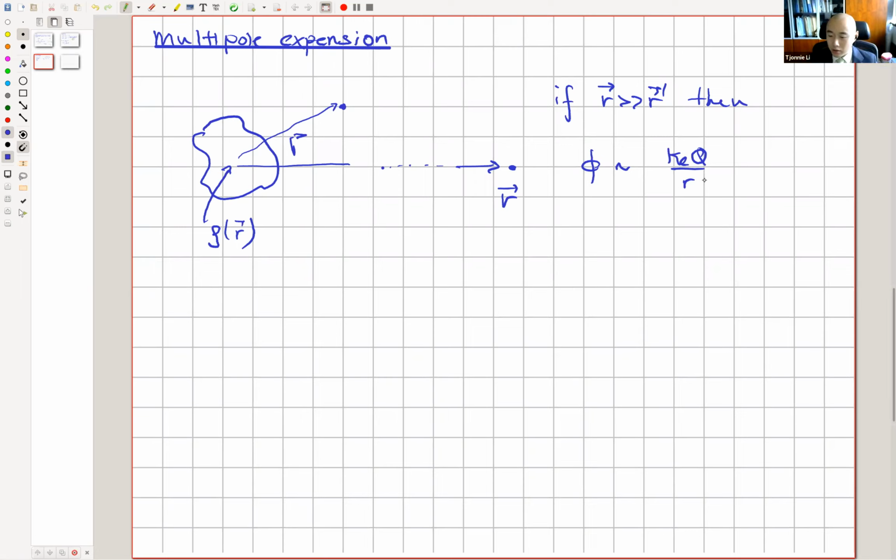Now what is this potential corresponding to, Alex? So why would you suggest kQ over R? As if it's a single charge. Okay, good. If I go very far away, I can't see the size of this object anymore. And I can write Q as just the integral of rho throughout this whole thing, and I just get the total charge of this distribution.